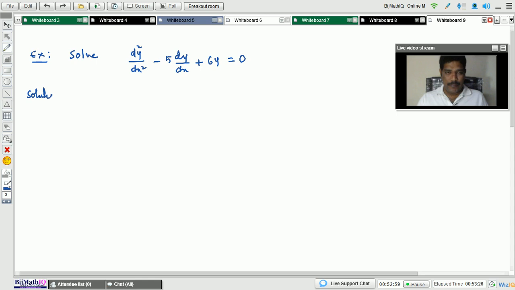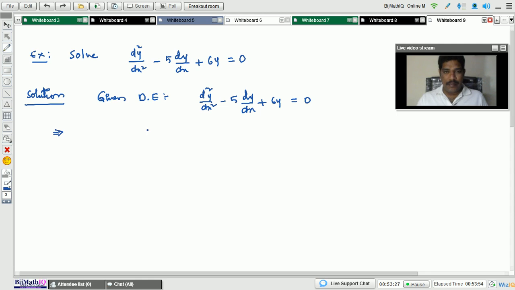Next, let us start the solution here. The given differential equation is d square y by dx square minus 5 into dy by dx plus 6 into y equals 0.